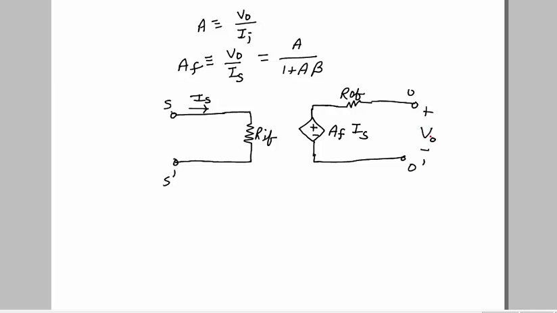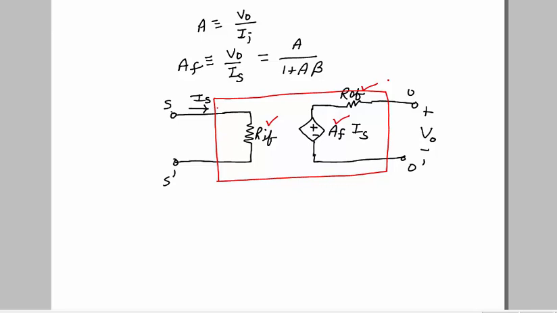So this is the equivalent circuit model of the shunt feedback amplifier. Here AF is the open circuit trans resistance, RIF is the input resistance with feedback, and ROF is the output resistance with feedback. Now we are going to find out RIF and ROF.